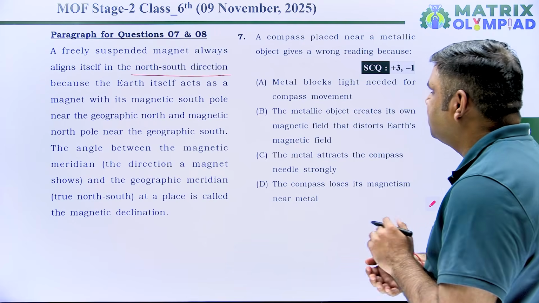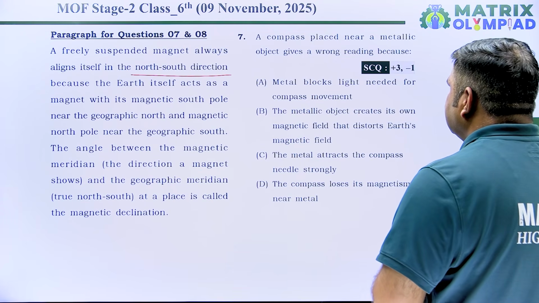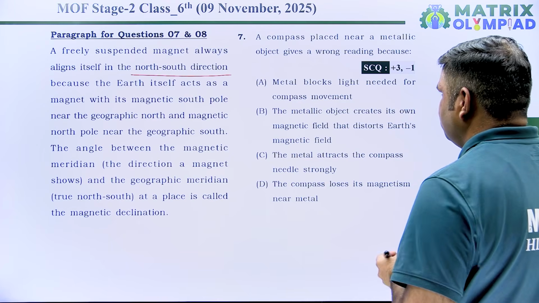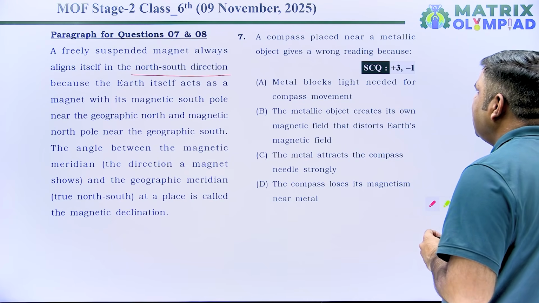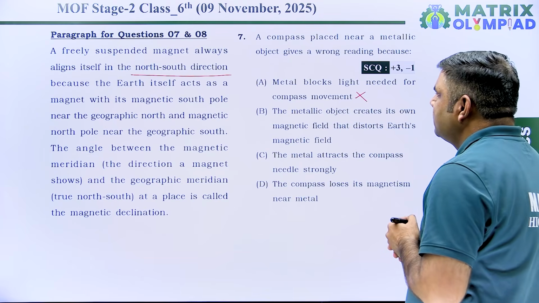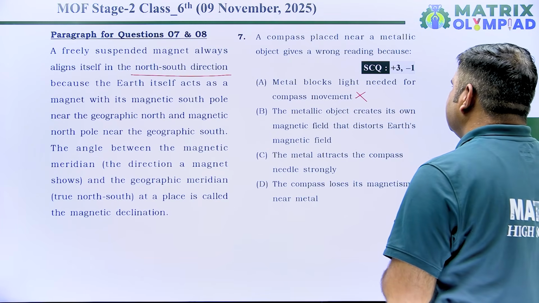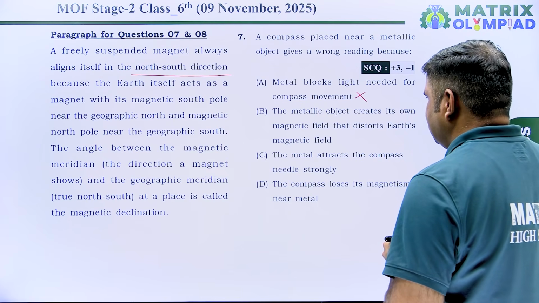Okay, so in question number 7, a compass placed near a metallic object gives a wrong reading because why? Metal blocks light needed for compass movement? No. The metallic object creates its own magnetic field that disturbs Earth's magnetic field?